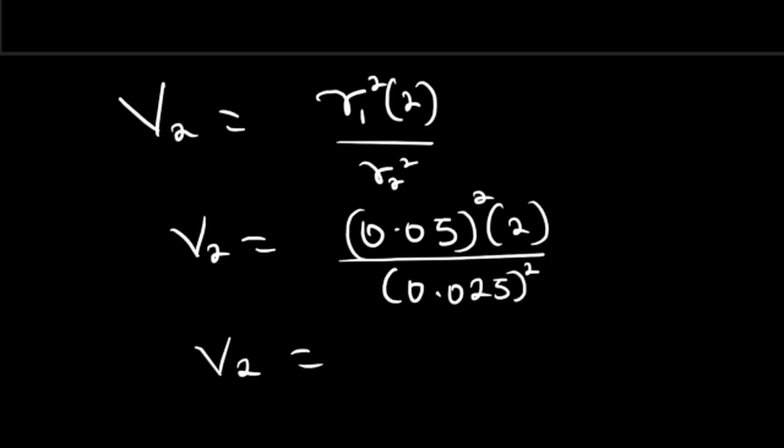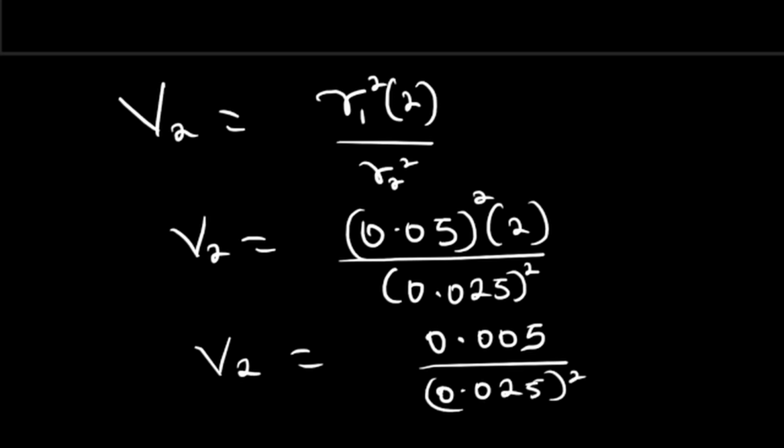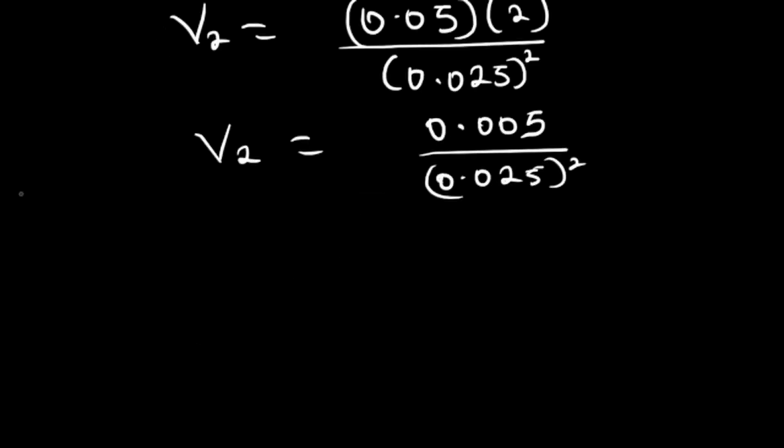So we say 0.05 squared multiplied by 2, so this is giving me 0.005 all over the denominator, which is 0.025 all squared. Now let's do the math and see what we shall obtain.